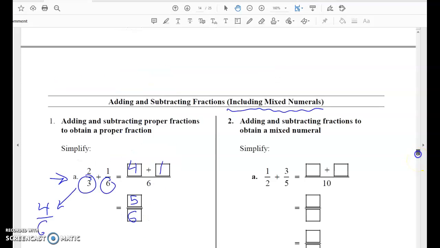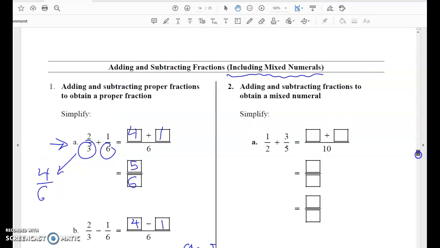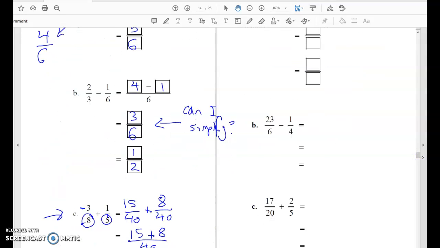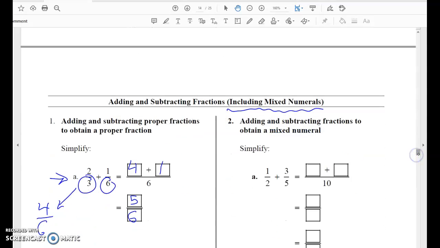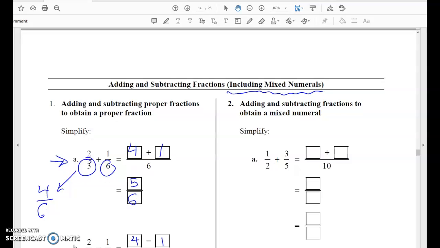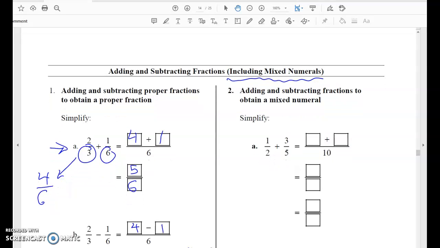Alright, let's have a look at the right-hand column, and we're now going to deal with adding and subtracting fractions to obtain a mixed numeral. Okay, so a half plus 3 out of 5.